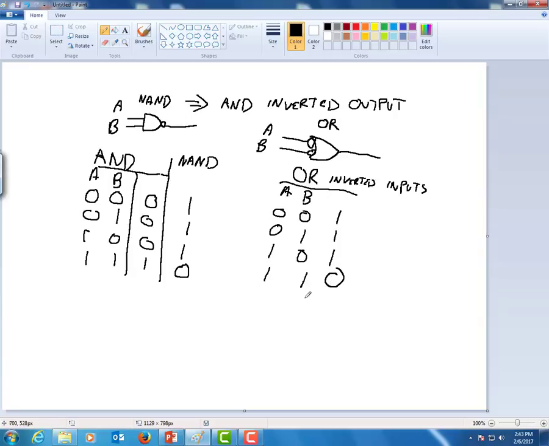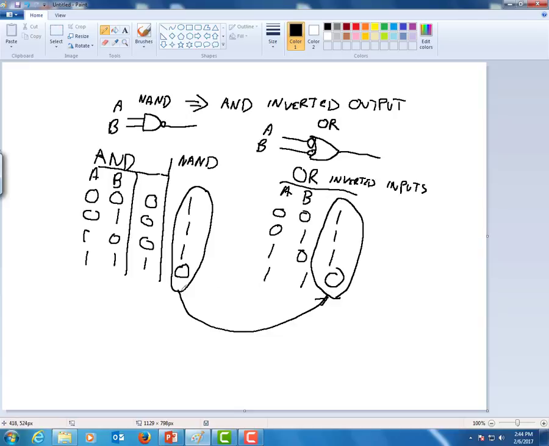Now tell me something. If you look at this column right here, and you look at this column right here, what do you observe? They're the same, right? This one is the same as this one, right?